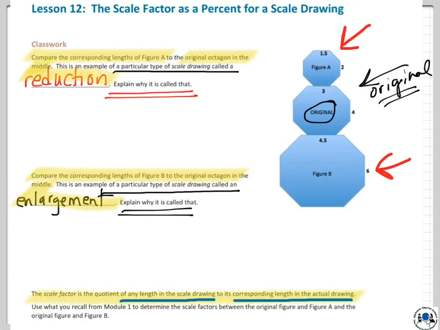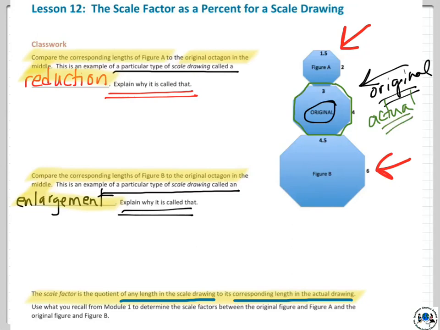So here at the bottom, the scale factor is the quotient of any length in the scale drawing to its corresponding length in the actual drawing. Now this first one here, the octagon in the middle, is the original. It's also called the actual. That's what it looked like.